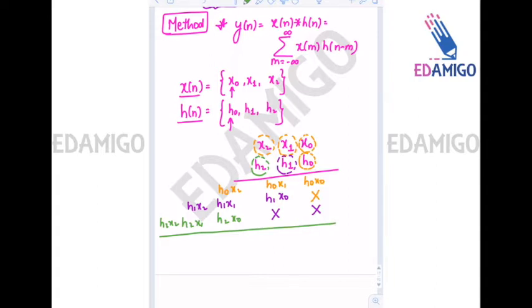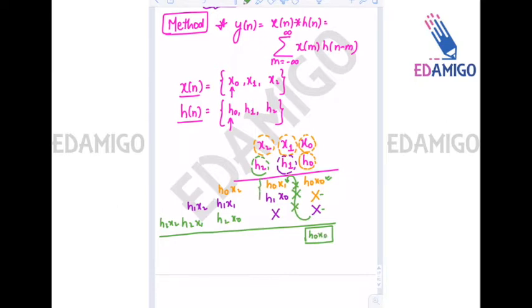Now when we add, in maths we used to put a carry forward, but here we will not put any carry forward. No carry forward. The number which we get, we will put it right here. So here we are getting h0 x0 plus nothing plus nothing, so we'll get h0 x0.